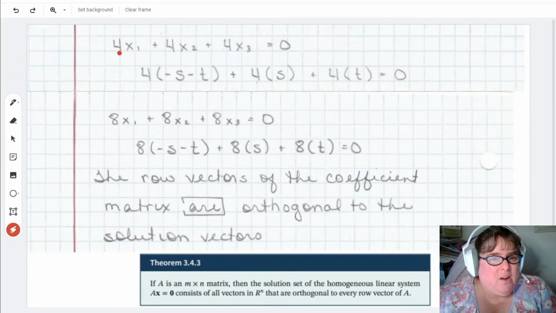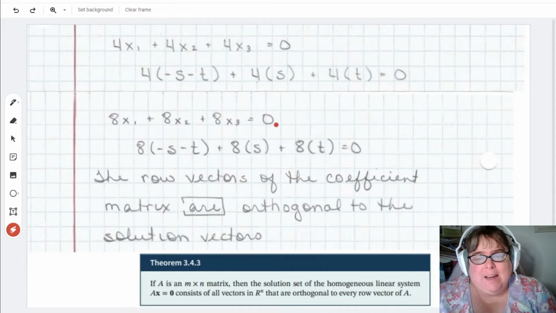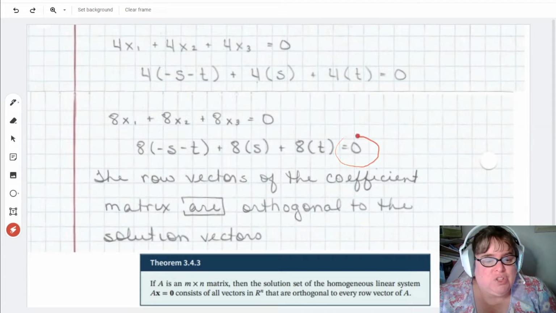We can show that they are by plugging these numbers into our matrices. So we have 4 times x sub 1, x sub 2, and x sub 3 equal to 0. We plug in the expressions for x sub 1, x sub 2, x sub 3, and we find that they are in fact equal to 0. The same goes for when we multiply it by 8, or any number. It's going to be equal to 0.